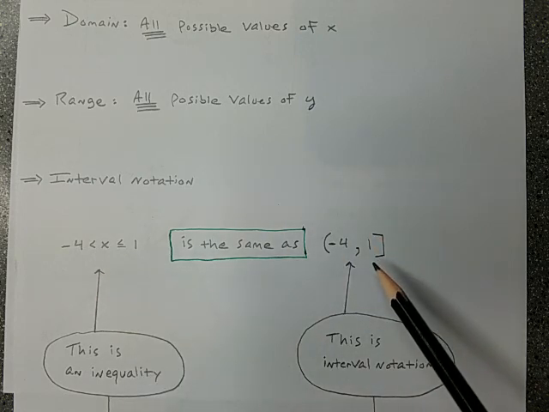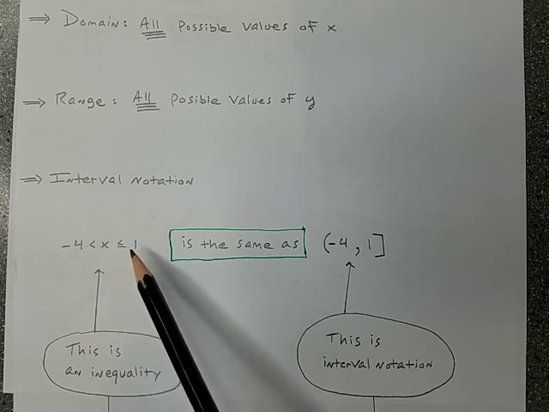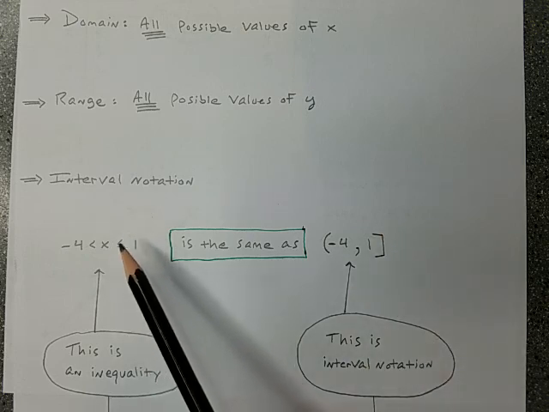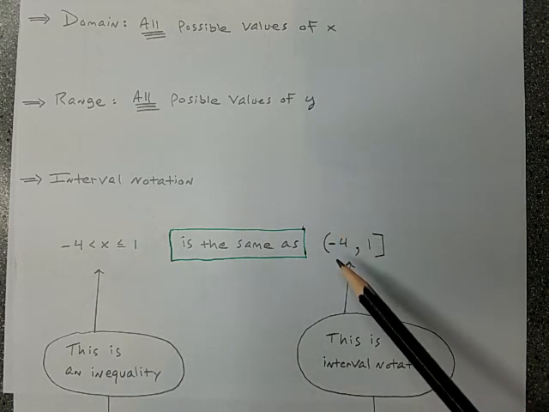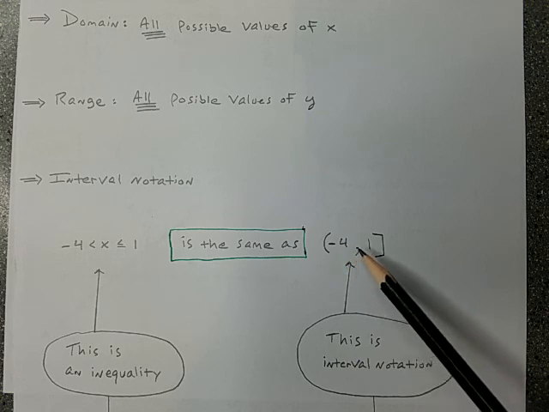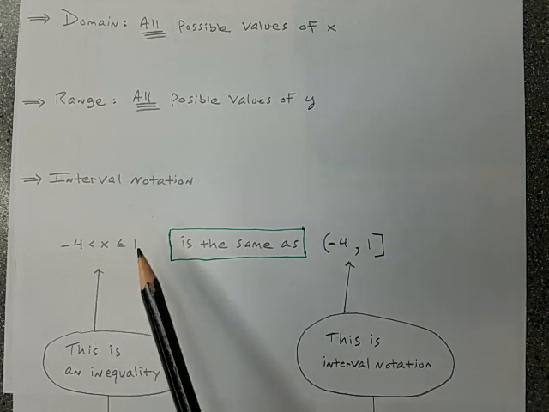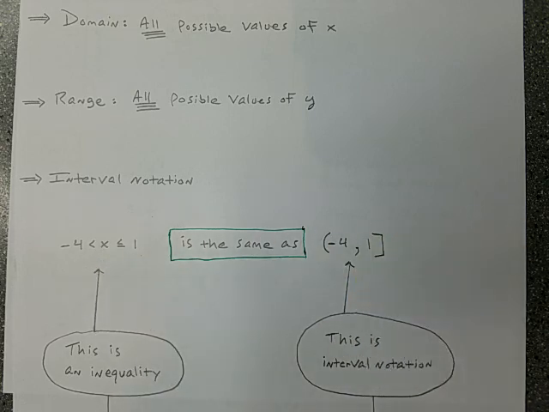The bracket means I'm including the 1. If I say x is less than or equal to 1, 1 is part of that. The bracket is associated with greater than or equal to or less than or equal to. So x can be anywhere between -4 and 1, including the 1, and interval notation is like that.